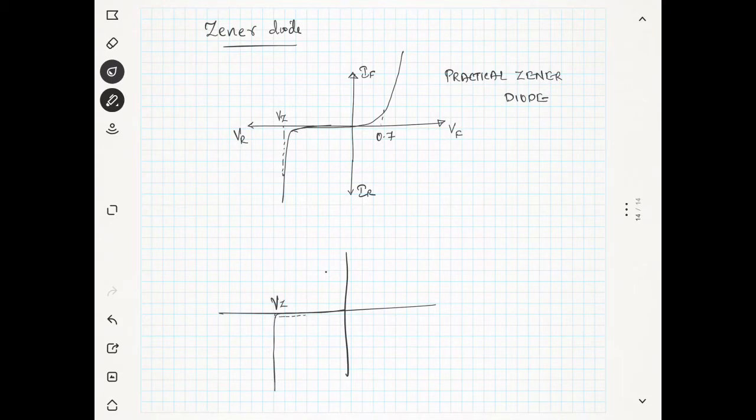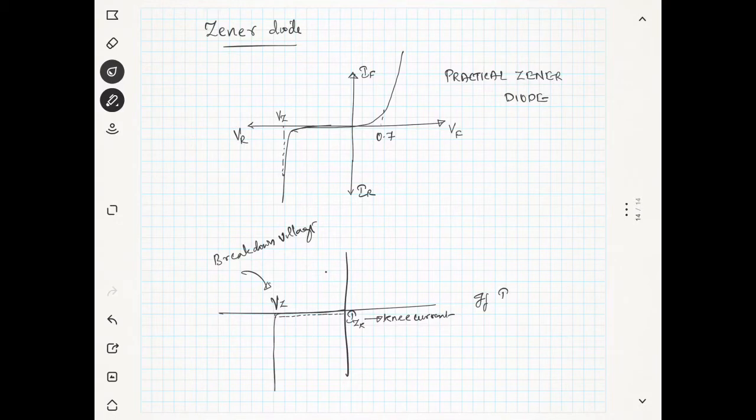The breakdown happens at some voltage, known as the breakdown voltage, and the minimum current required for this breakdown to happen is known as the knee current.